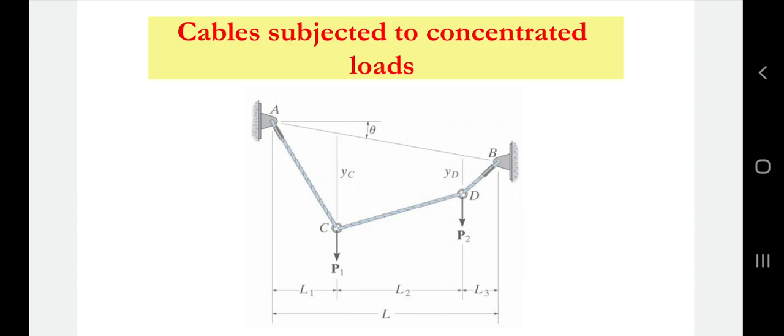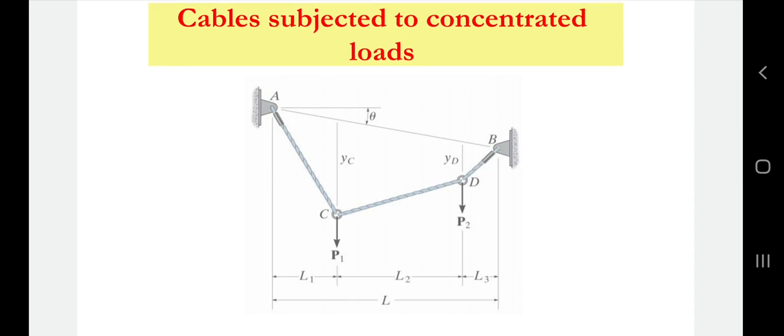So the length of the cable will remain the same overall. They are not extensible, and the cable is an elastic material. That is, when the load is removed, it will take its original shape back again, and they only support tension, no moment or shear.